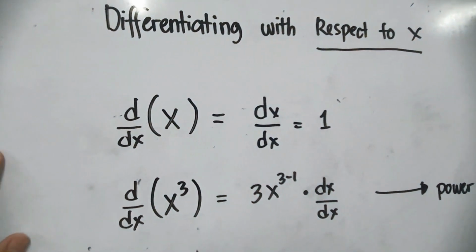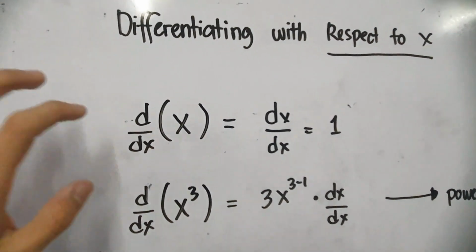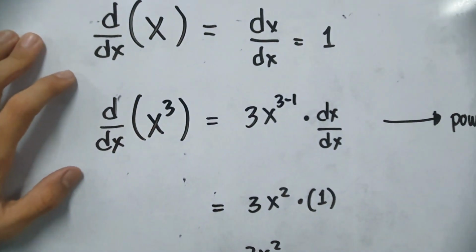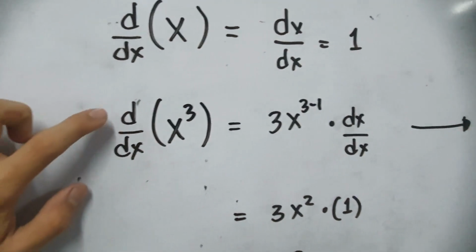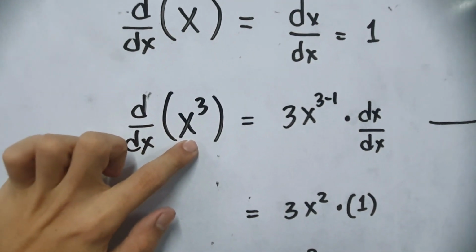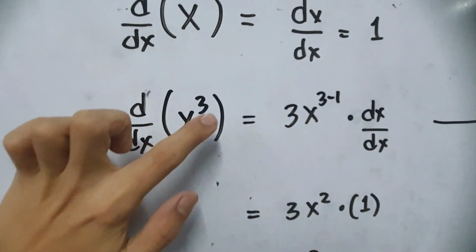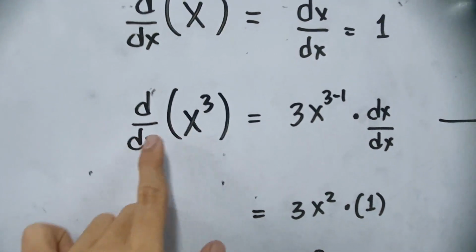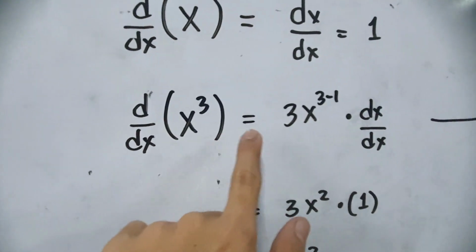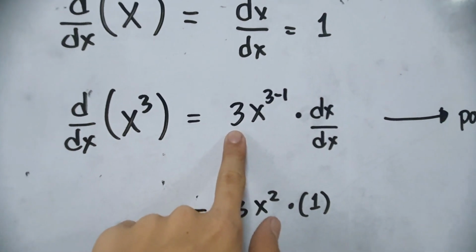Okay, that is an identity rule. Next, if you're going to differentiate using the power rule, so the derivative with respect to x of x cubed, obviously we have a power x cubed right here. So the derivative of this one, applying the derivative to x cubed, is equivalent to the power rule.